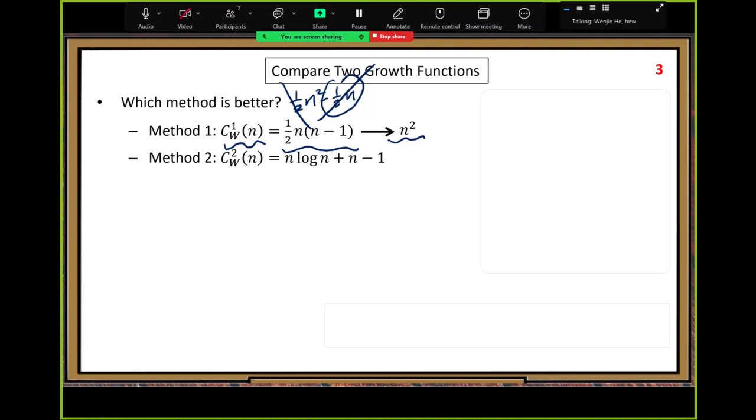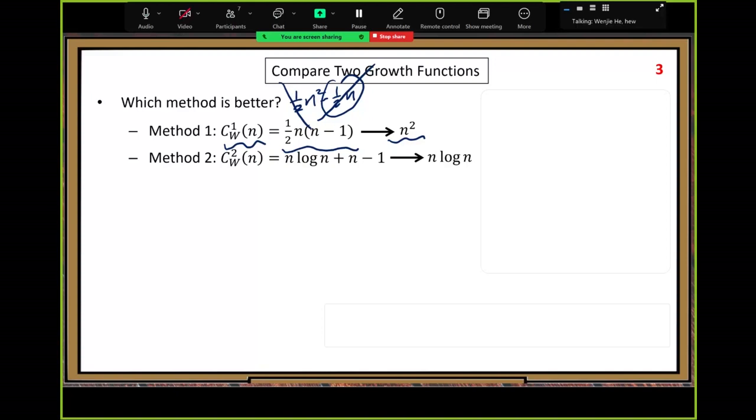For method number 2, there are 3 terms. First, we need to pick the dominant term. The dominant term already has the coefficient 1, so that's already the growth function.